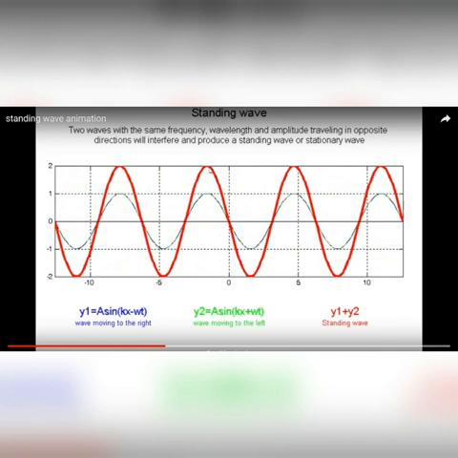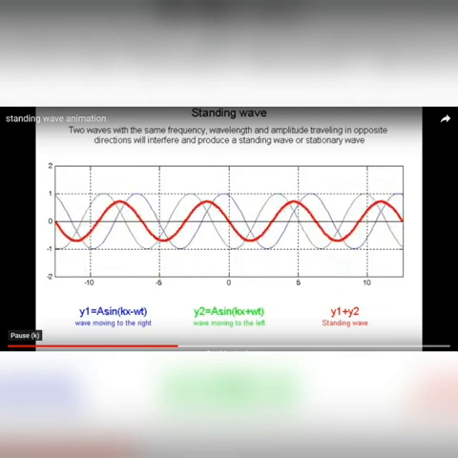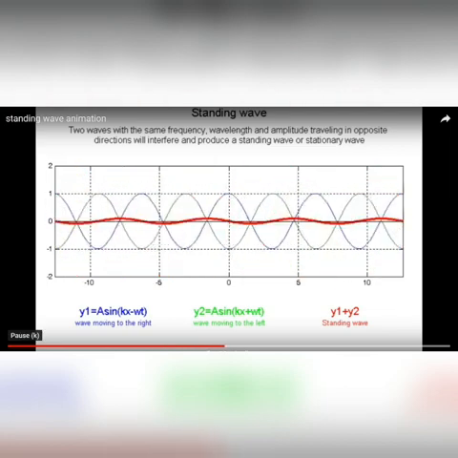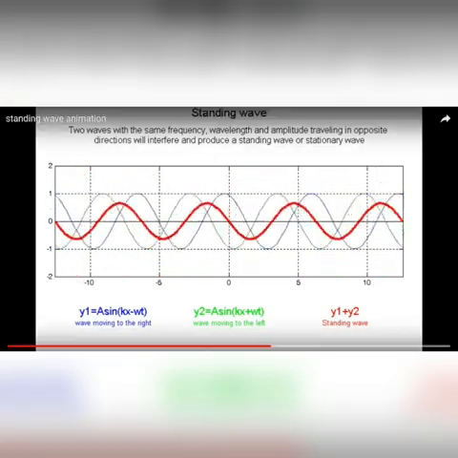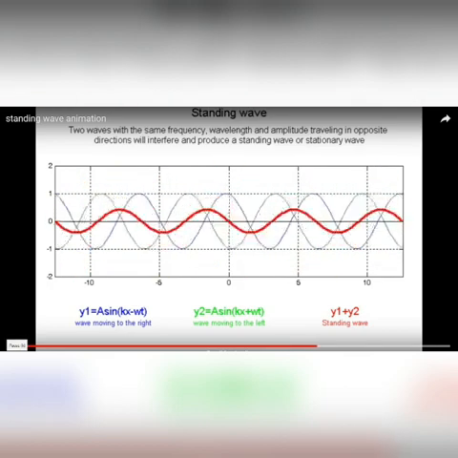The maximum amplitude is twice the amplitude of each traveling wave. So we can see here that there is changing amplitude when we have a standing wave or a stationary wave. There, the superposition is shown by the red wave.